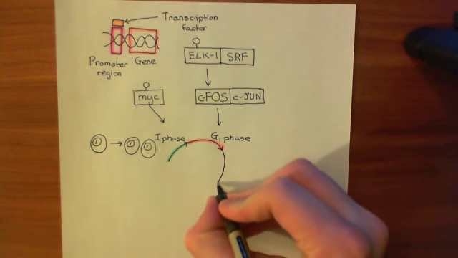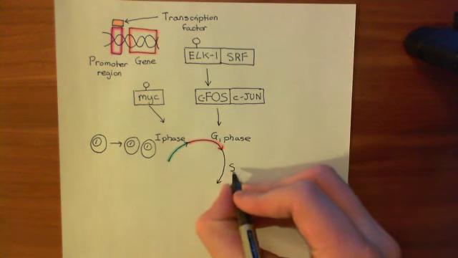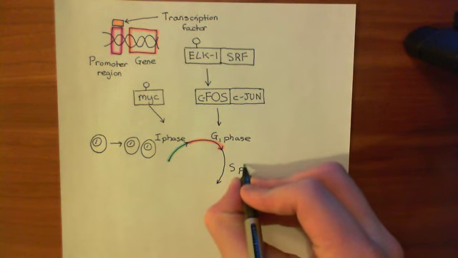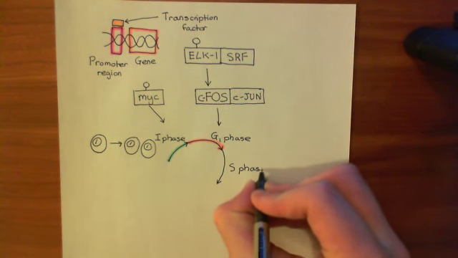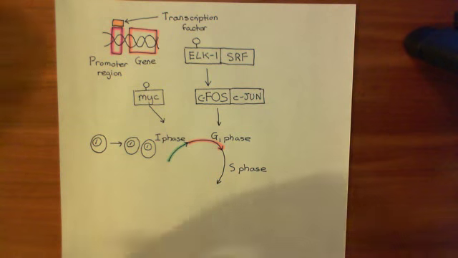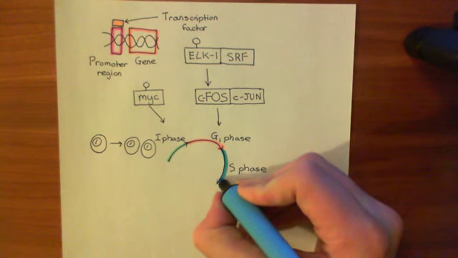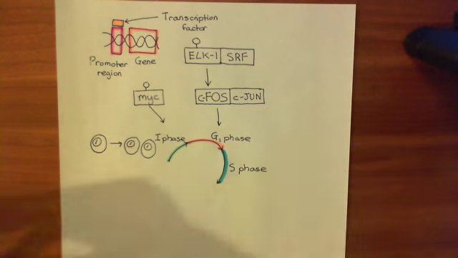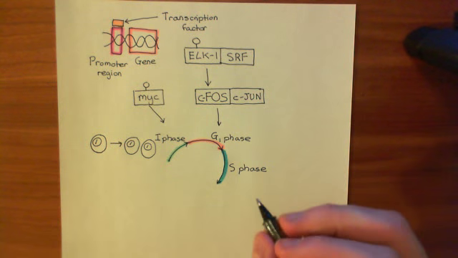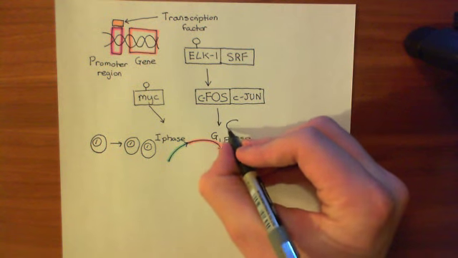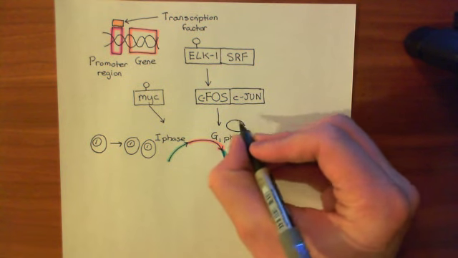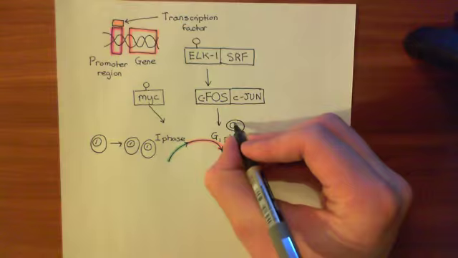Okay, in the next phase of the cell cycle, you replicate the DNA, and this is known as S phase, or synthesis phase. Basically, what will happen in this phase is that we're going to copy all of the DNA, so all 46 chromosomes will be copied. So in G1 phase, you'll go from being a small cell to being a big cell with lots of proteins.